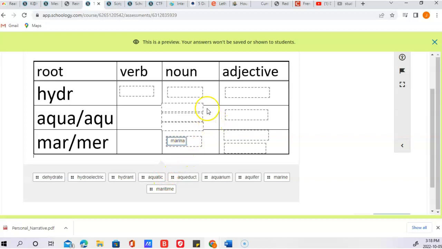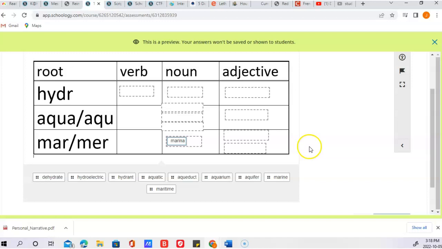Like I said, I'm not sure how it's going to mark these three with aqua or these two with mar and mare that are adjectives, but I will check your work, and if it marks it wrong when you actually get it right, then I will just override the system and we'll figure that out. Okay, so don't worry too much about that.